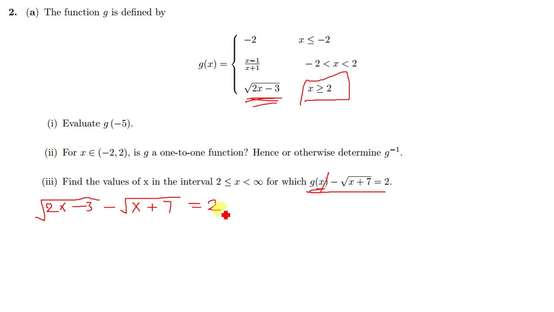being equal to 2. Okay, so here the best way you can do this, you first take one of these terms to the other side of the equal sign. I think that way it's easier. So meaning you are just going to have something like this.